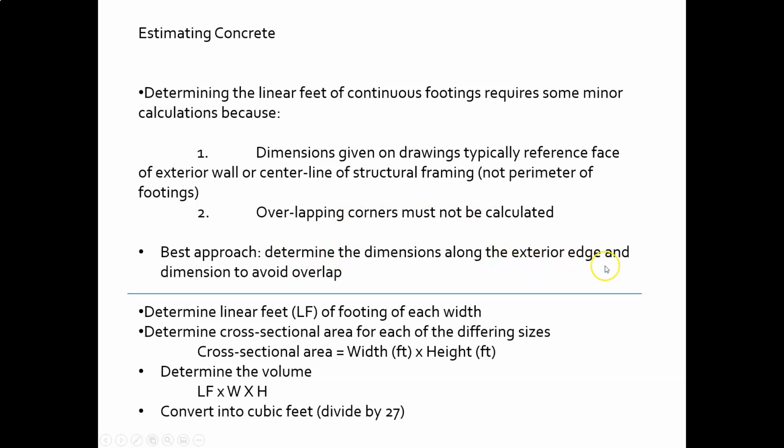Determine the dimensions along the exterior edge and adjust to avoid overlap, as we said. Then linear feet of each piece by its cross section: linear feet times width times height, and then we finish by dividing by 27, just as we did. And that is that.